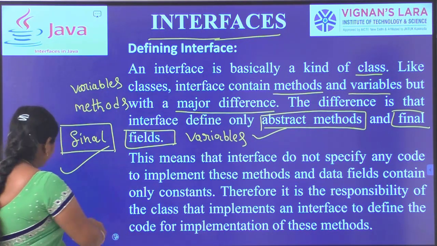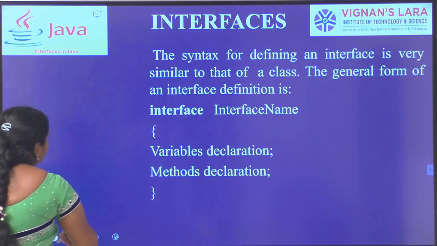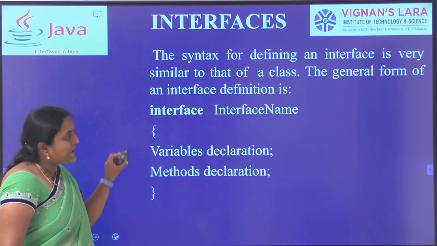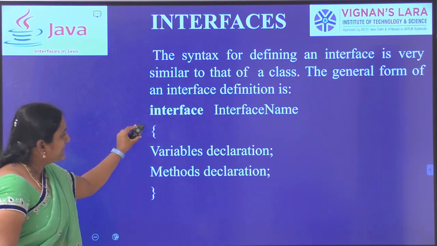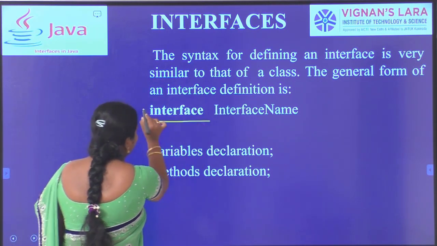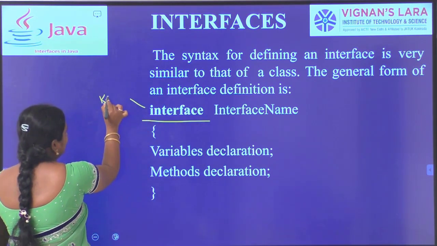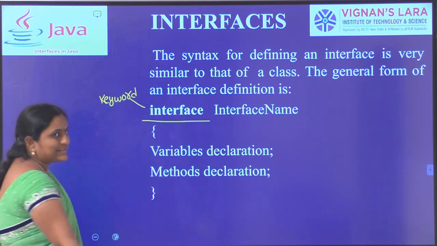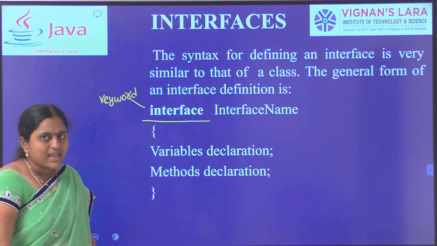Next one. What is the syntax for defining an interface? Interface is a keyword. Class is a keyword and interface is a keyword.